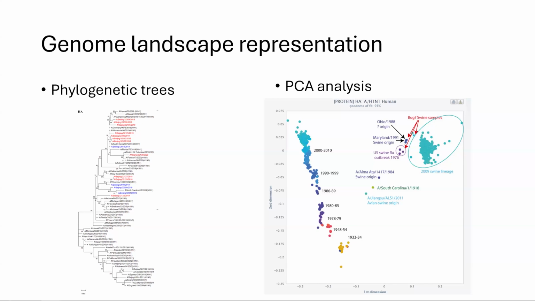So the PCA analysis here is of the HA. It's colored by year, and you see clearly the genetic drift of human HA from the 1933 where we have sequences. You see 2009, and you also see different points that tell you that maybe there is some sort of recombination, whatever.